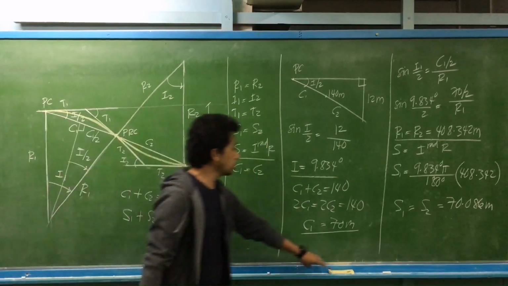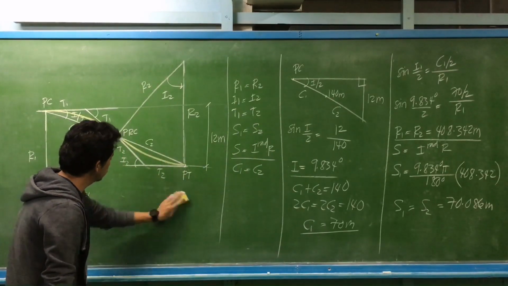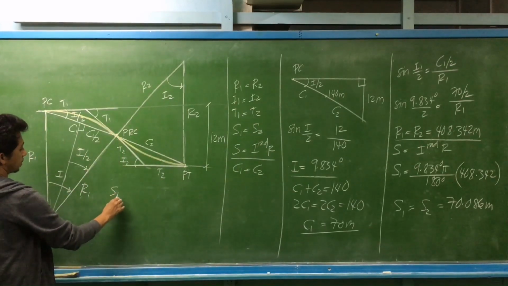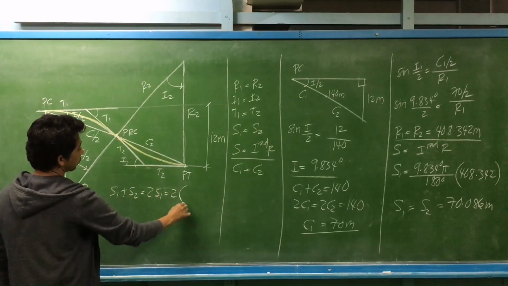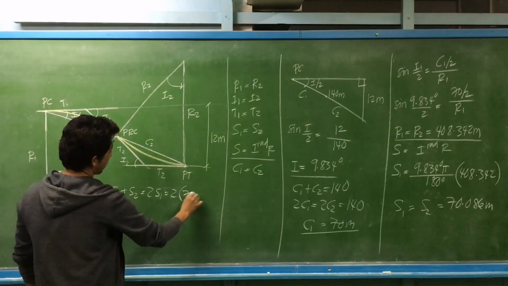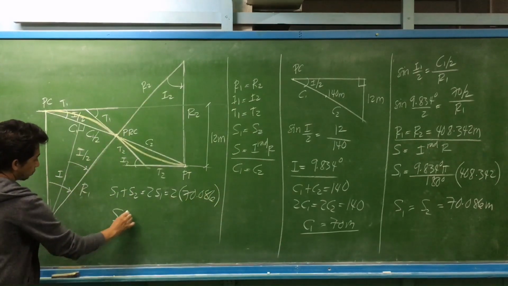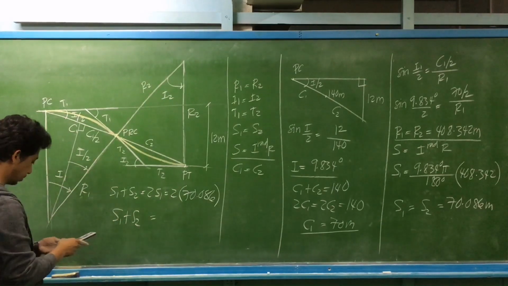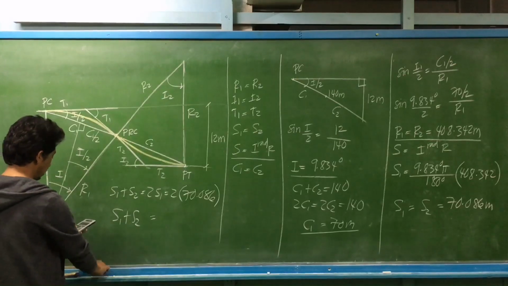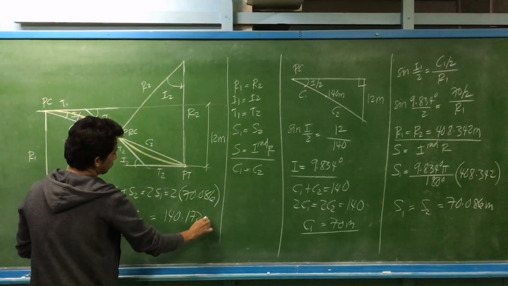How do we get the total arc length? That is S1 plus S2, which is the same as 2S1. So twice 70.086, we have S1 plus S2 now equal to 140.172 meters.